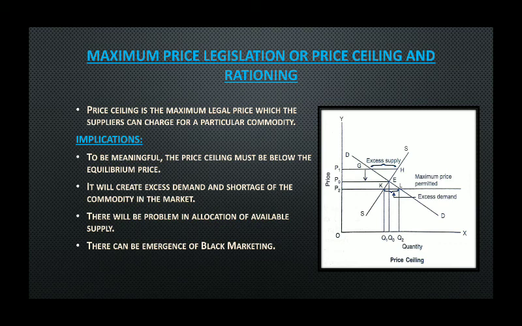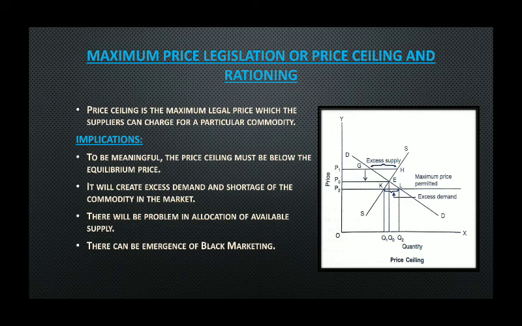And this cannot be done in a general market. It can only be done in a black market. So due to this shortage of quantity of the product in the price ceiling method, we can ultimately reach a black market. So that is a negative impact of price ceiling policy.